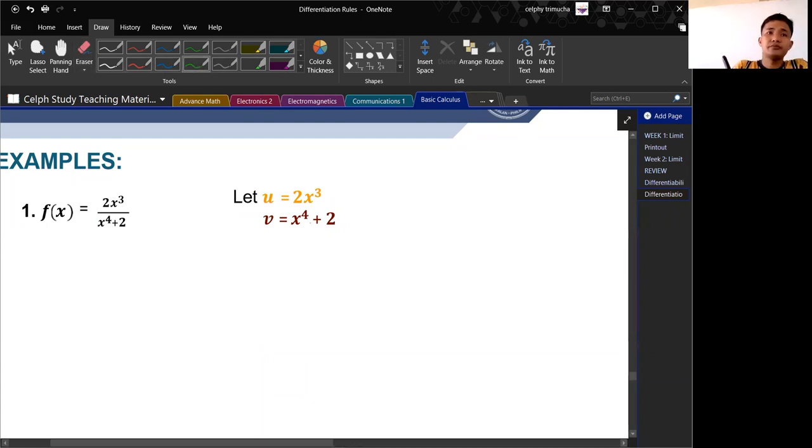So we have u. Ang u naton kada perm is our numerator. Aton v is our denominator. So u naton is 2x cubed. Paon naton ang iya nga du. Du niya is 6x squared. Derivative sang v naman naton or dv naton will be equal to 4x cubed.